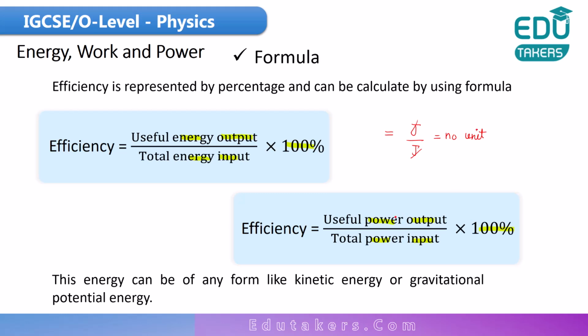If you talk about the second formula which is related to the power, first of all here is the useful power output. Its unit is watt divided by the total power input. Its unit is also watt. Both of these cancel with each other and you get no unit. It means that efficiency has no unit because it is the ratio of two similar quantities.